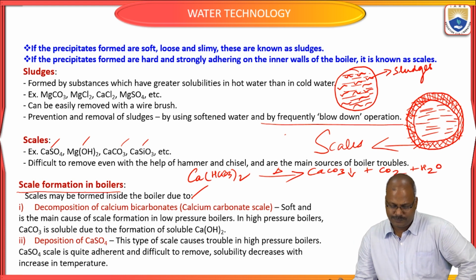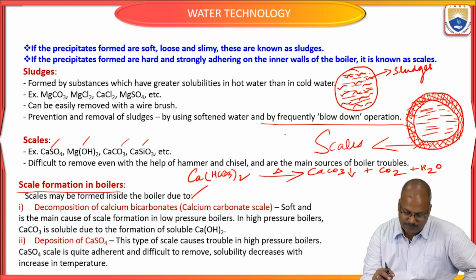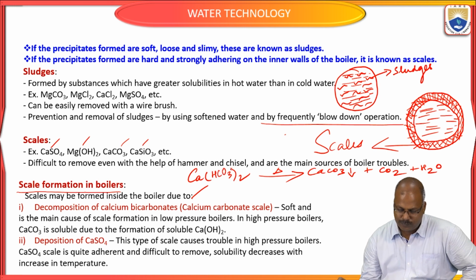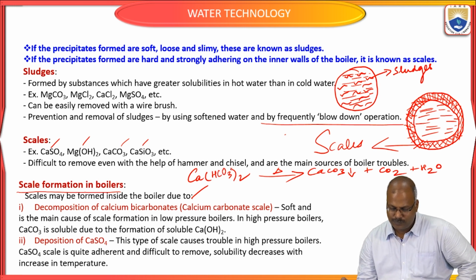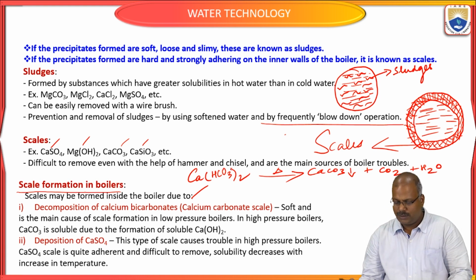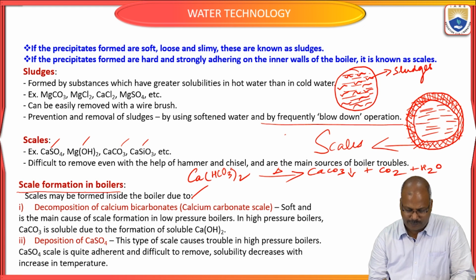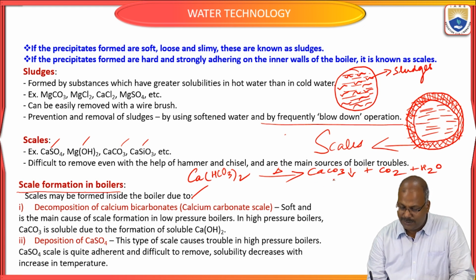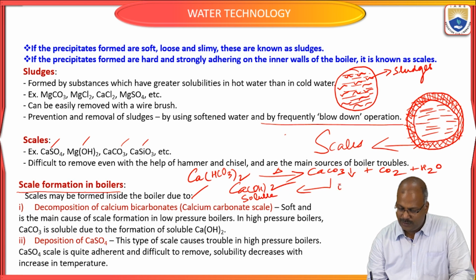Similarly, calcium carbonate in high pressure turns to calcium hydroxide, which is soluble in high pressure boilers.